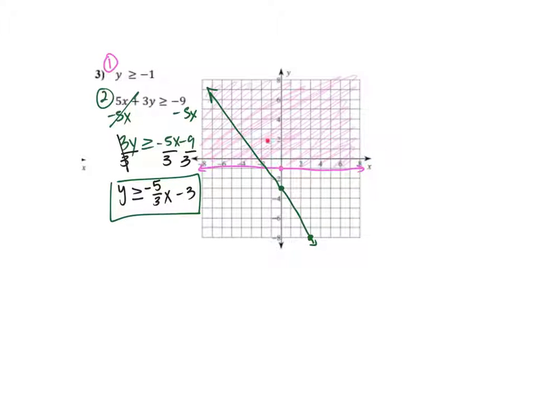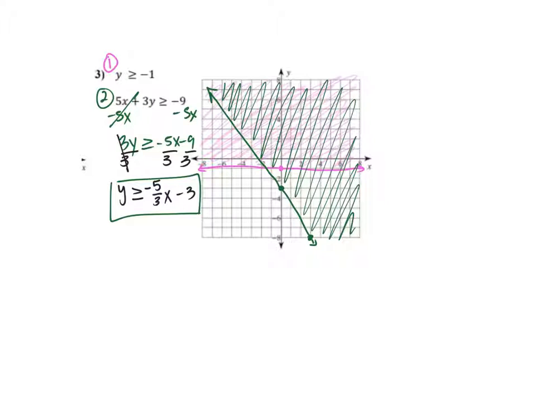So that's going to be above the line. Oh, I forgot to grab my highlighter. Oh, well. Looking at this here, it looks like the intersection of the two shaded regions is right here. Kind of looks like a trapezoid. And so there we have our intersection.